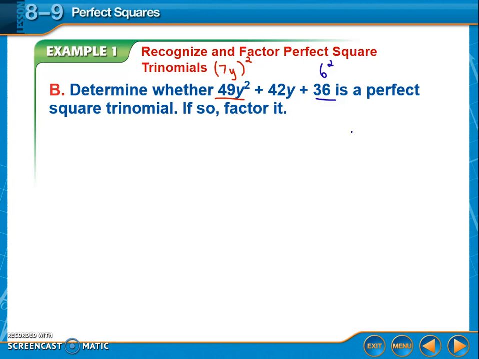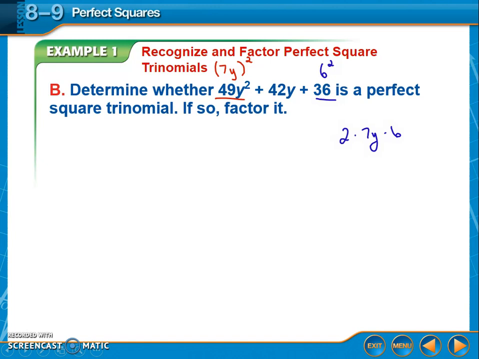So I want to know if I can do 2 times 7y times 6 and get 42. That's 14y times 6, which is 84, not 42.